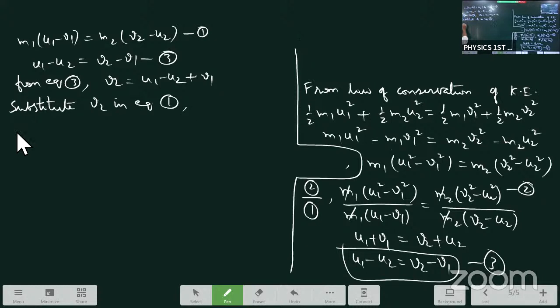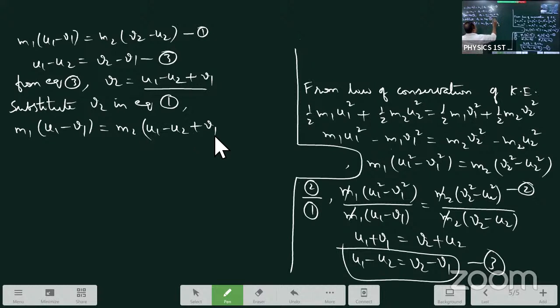So that is M1 (U1 minus V1) is equal to M2, and for the V2 value I'm substituting this value: (U1 minus U2 plus V1), and again minus U2 as it is.